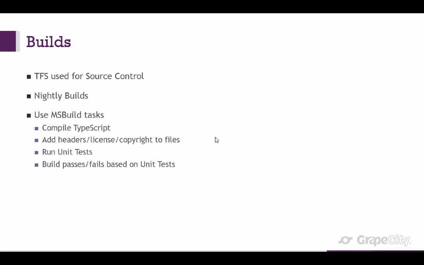So we compile the TypeScript, and that is essentially taking all the TS files and compiling them as modules. So some of them get combined into a single file, so each namespace module gets its own file. And we add things like headers, licensing, copyright to the tops of the files.